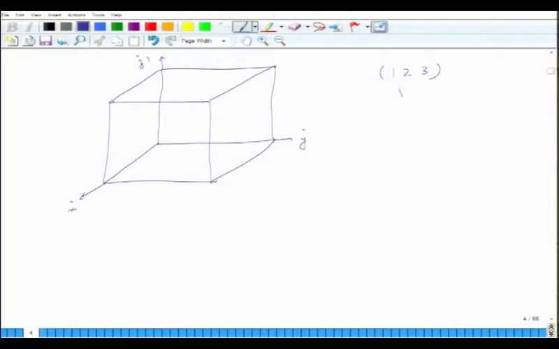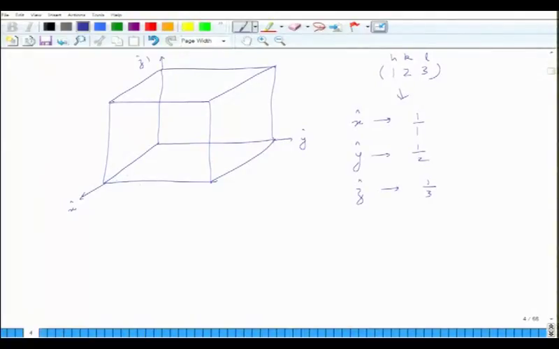So, this is H, this is K, this is L. On the x axis your intercept is 1 over 1, on the y axis your intercept is 1 over 2, on the z axis the intercept is 1 over 3.